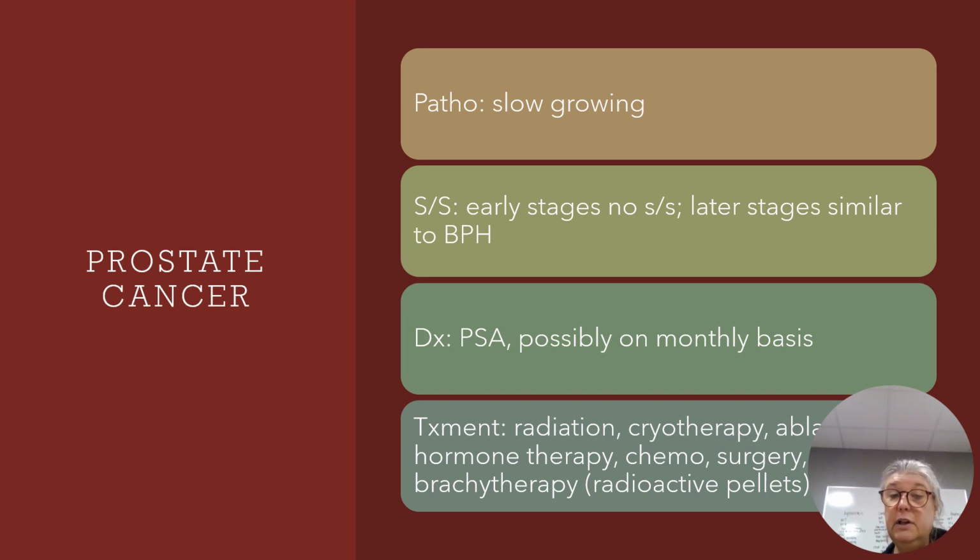And then they gradually lose radioactivity over time. So when we are talking prostate cancer, you need to abstain from sex for 2 weeks, and then you need to wear a condom to protect your partner from radiation exposure. Just know that this targeted pellet therapy is used for all types of cancers actually. But when we're talking prostate cancer, abstain from sex for 2 weeks and then wear a condom.